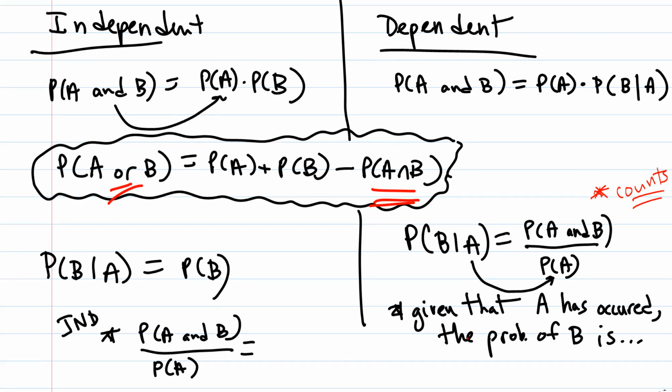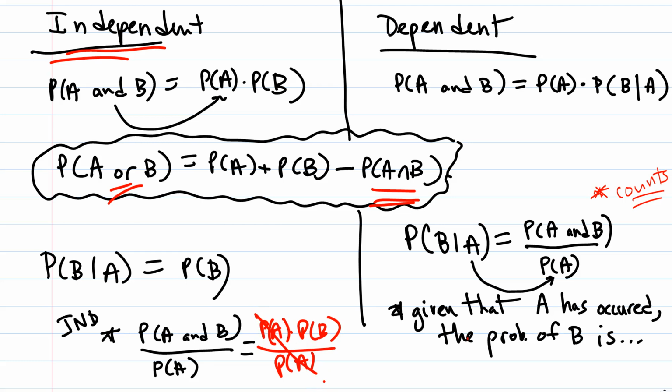One other way of thinking about it: if it is independent, the probability of B given A is just the probability of B. These should be the same because A has no effect on B. It's independent, okay? If it's independent, the probability of A and B would just be the probability of A times the probability of B over the probability of A. What happens?